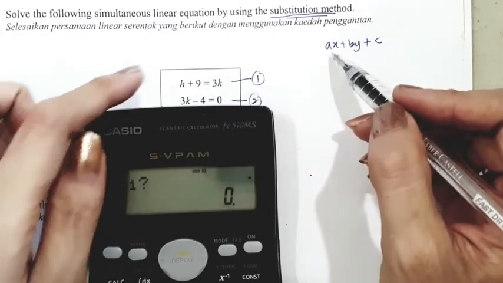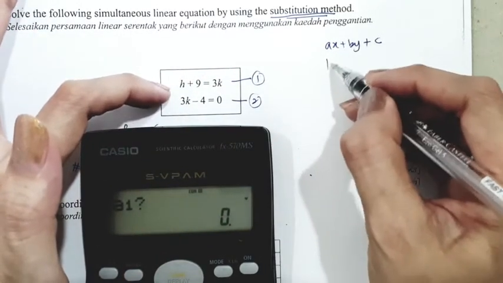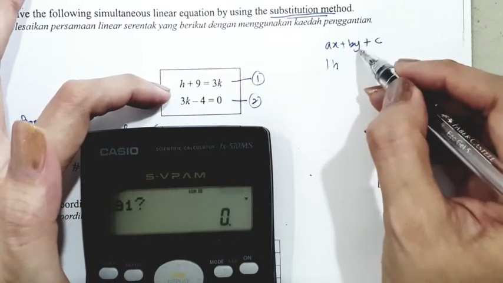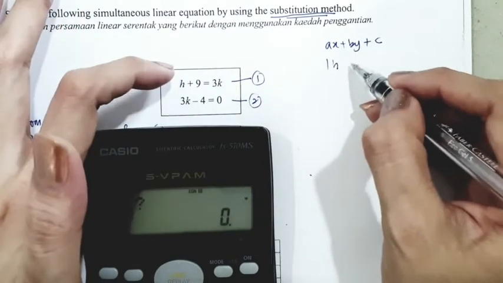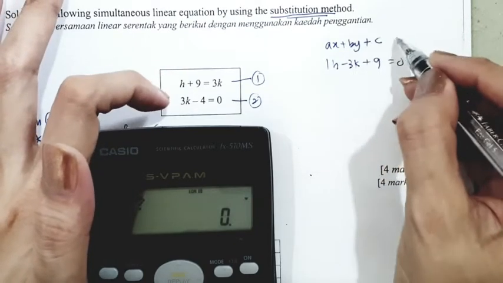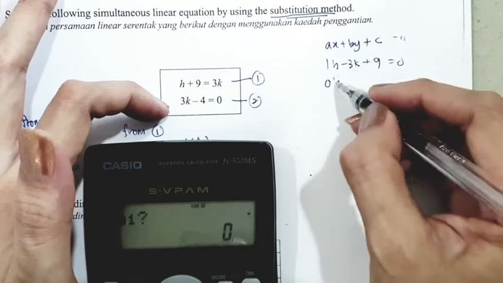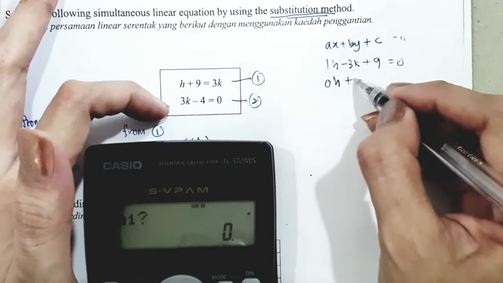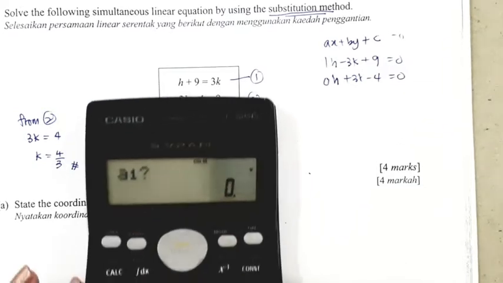So in this case, let our X be H. So we will have 1H, and then the Y will be the K. So we have to bring this over, minus 3K, and then plus 9 equals 0. And then this one, I have 0H, and then plus 3K, and minus 4 equals 0. So with this, then only we can use the calculator.